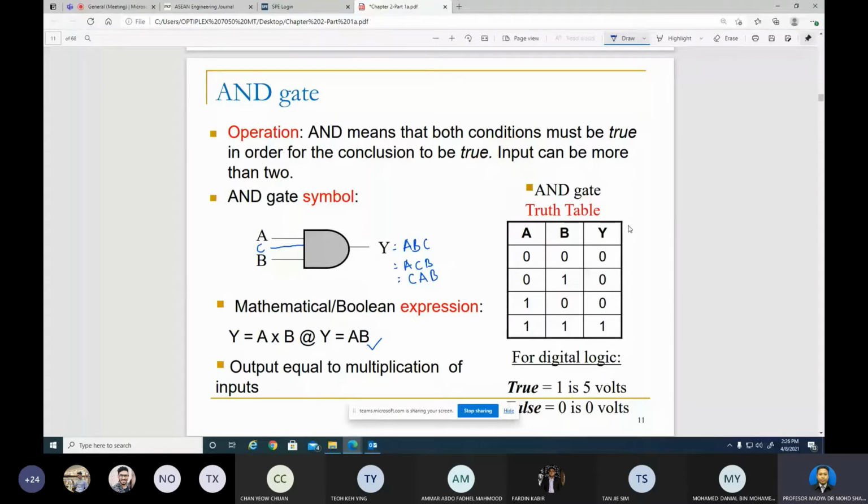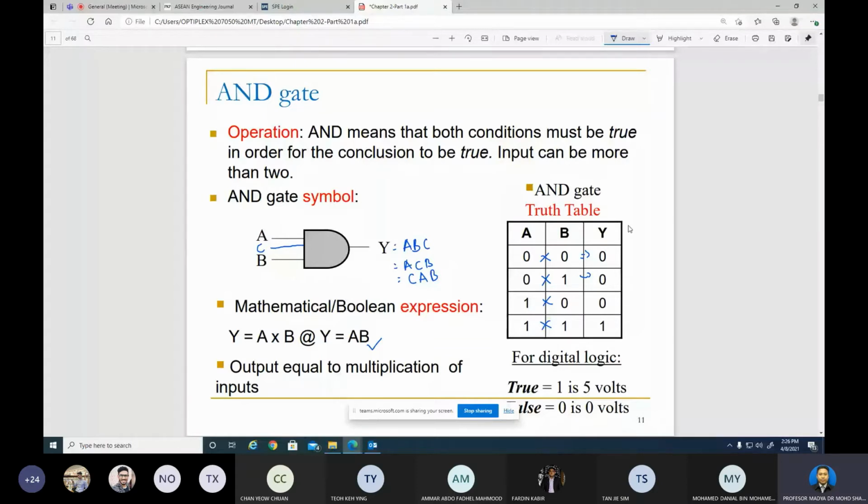This is a truth table that you have to know. Normally this operation is called multiplication. If you refer to the truth table, you multiply. For example, input A is 0, input B is 0, so 0 multiplied by 0 is 0. 0 multiplied by 1 is 0. 1 multiplied by 0 is 0. 1 multiplied by 1 is 1.